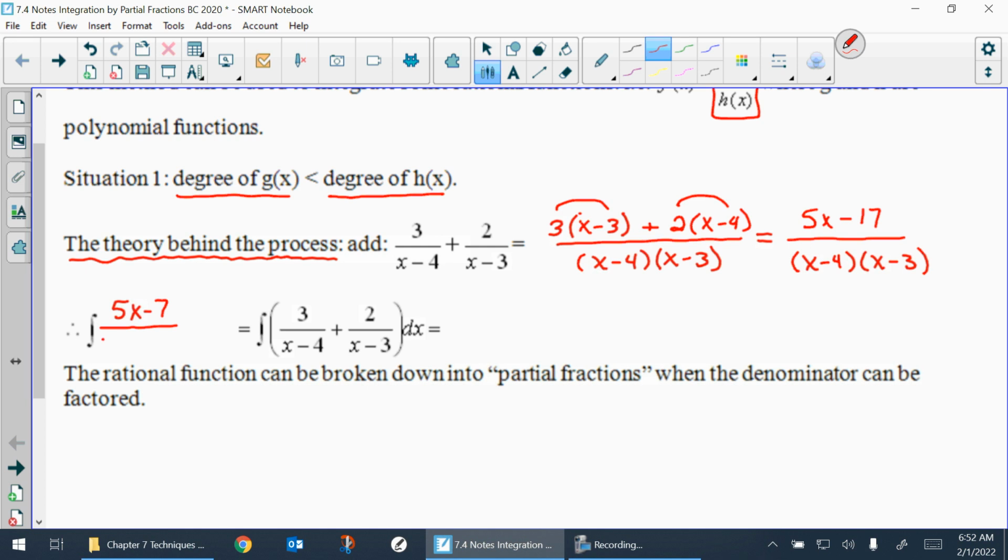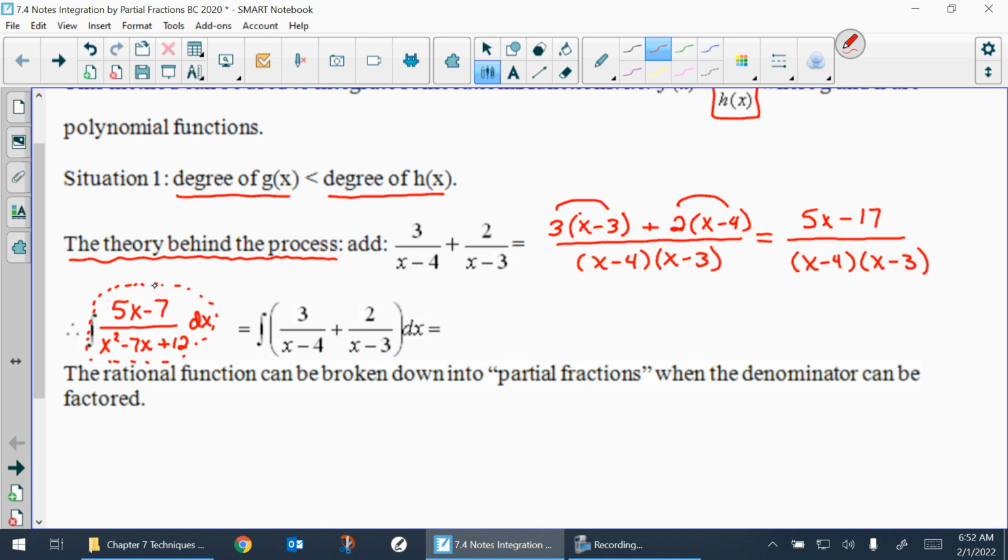Let's call it x squared minus 7x plus 12. We're asked to find the integral of that thing. Well, I don't know what the integral of that is. I'm not quite sure how to handle that. The degree of the bottom is larger than the degree of the top.